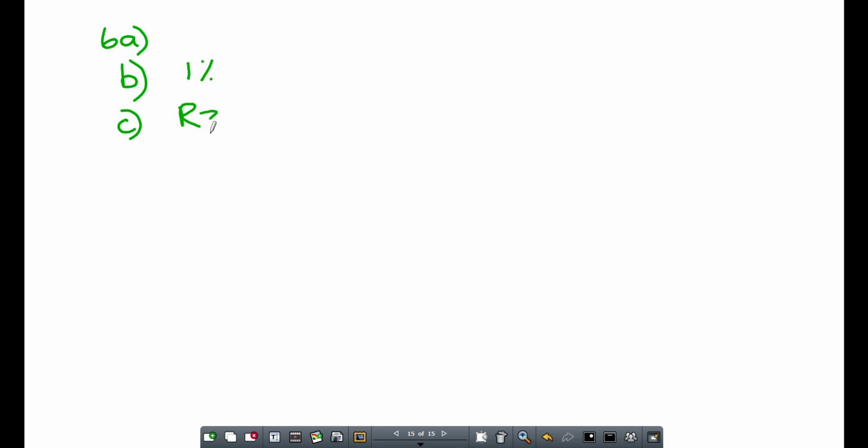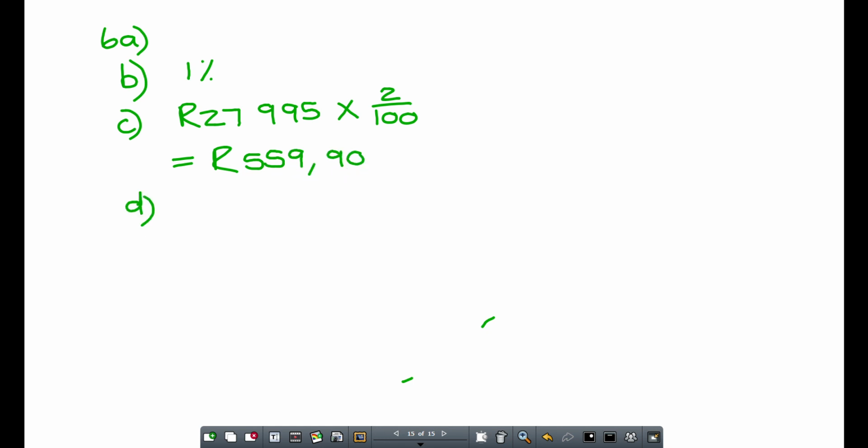So we start with the 27,995 times. They specifically say the total amount of UIF. In other words, they're talking here about my 1% and the employer's 1%. So I'm not going to just say times 1%, I'm going to say times 2%, in other words 2 over 100. And that gives me 559 and 90 cents. Any questions there?